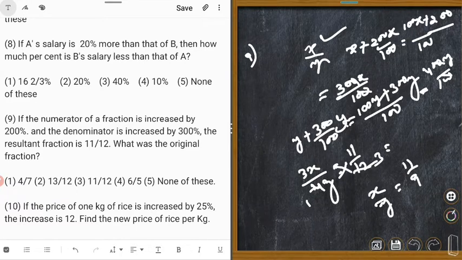Cross multiplication. The right answer is 11 upon 9, but as there is no option like this, number 5, none of these is correct. This is the right procedure.